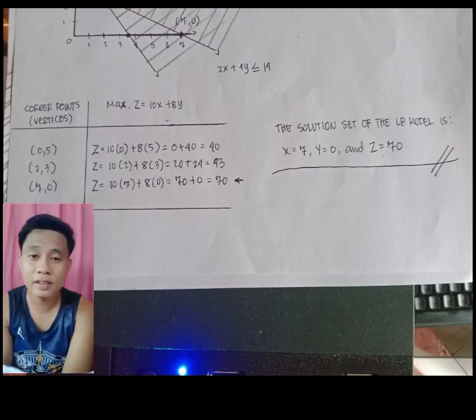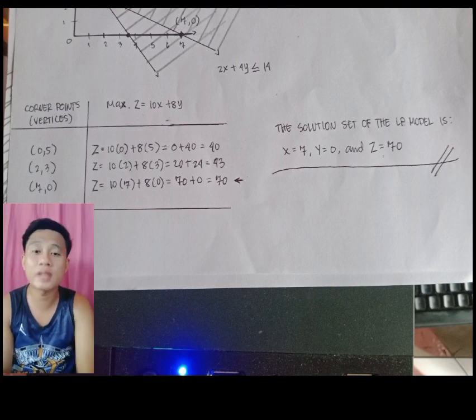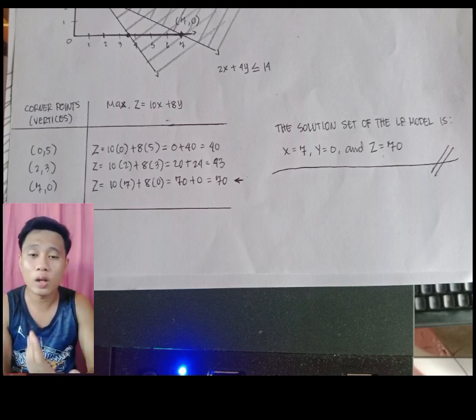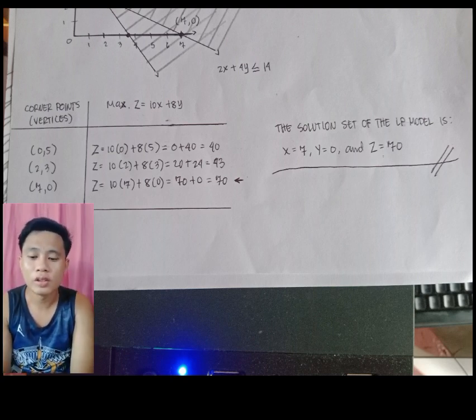So 10 times 2 plus 8 times 3: 10 times 2 equals 20 and 8 times 3 equals 24, so 20 plus 24 equals 44. And last is z equals 10 times 7 plus 8 times 0.